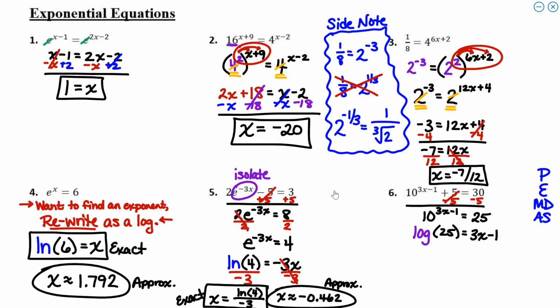And now I can take advantage of a property that is specific to logs that I couldn't do before. I can take this 2x and drop it down in front. I can take the x plus 7 and drop it down in front. X plus 7 has to go inside parentheses because that entire thing is being multiplied to the natural log of 2. Making sure to pop my arguments inside parentheses so I don't cause myself any grief.